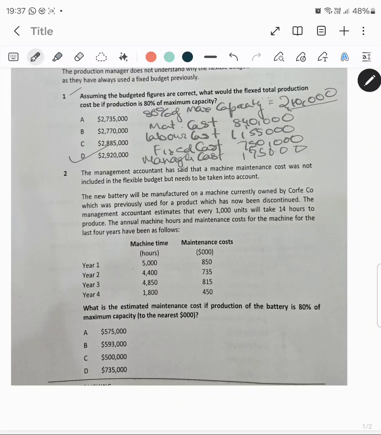The management accountant estimates that every 1,000 units will take 14 hours to produce, and the annual machine hours and maintenance cost for the machine for the last 4 years have been as follows. What is the estimated maintenance cost if production of the battery is 80% of the maximum capacity?